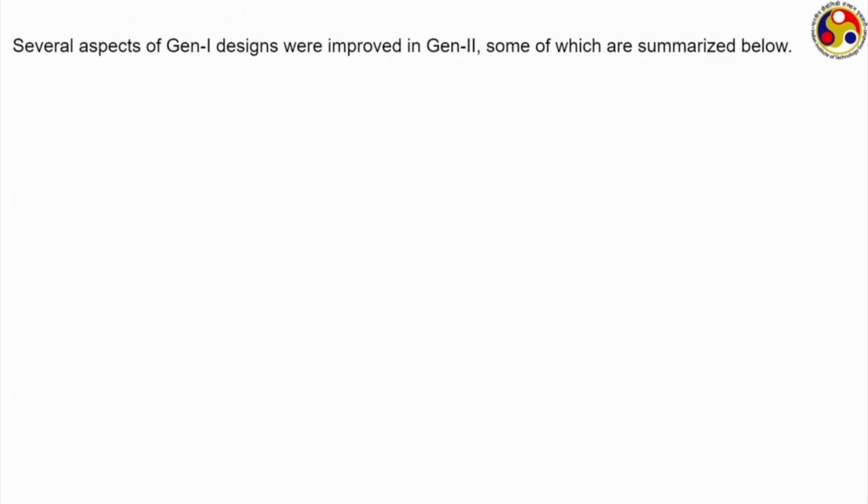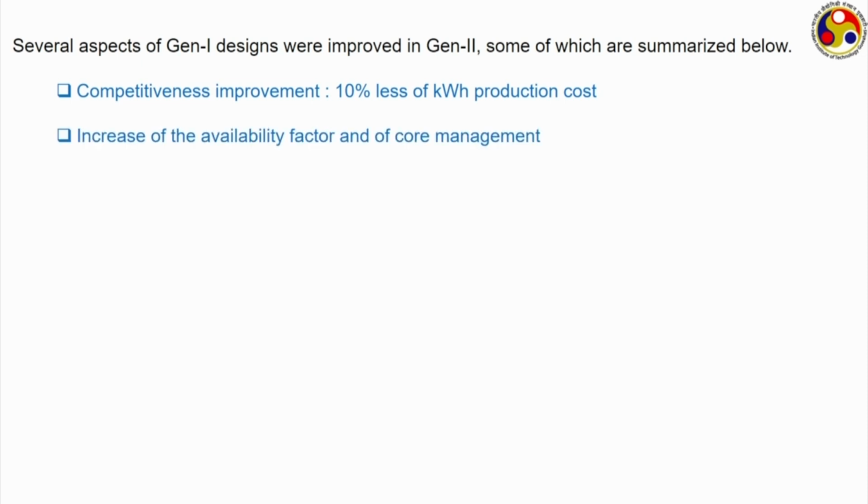Several aspects of generation 1 designs were improved in generation 2, like competitiveness improvement. About 10% less fuel is required per kilowatt of production, or I should not say fuel, the overall cost has been found to have about 10% reduction for every kilowatt hour. So, that is a huge reduction, you can say. The availability factor definitely increased.